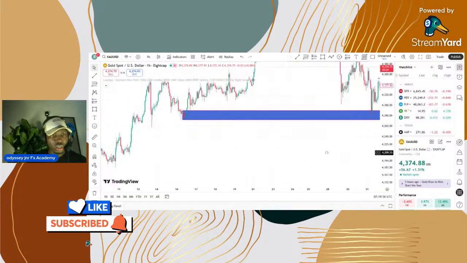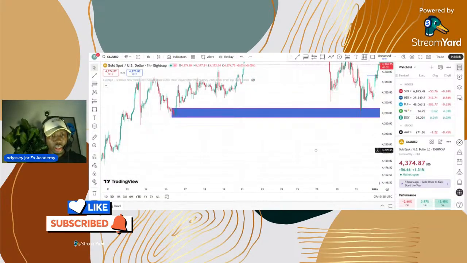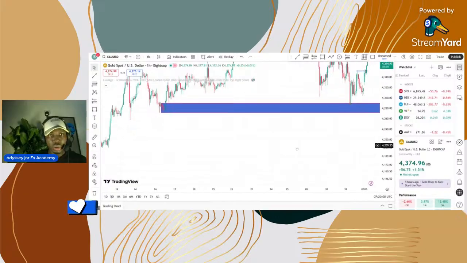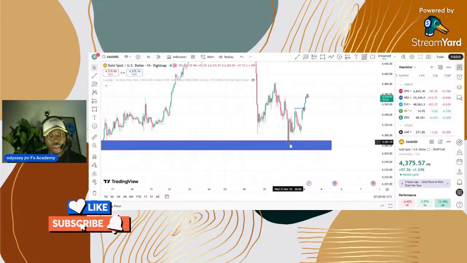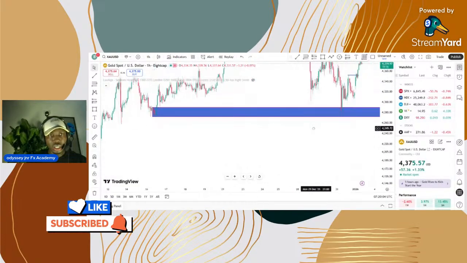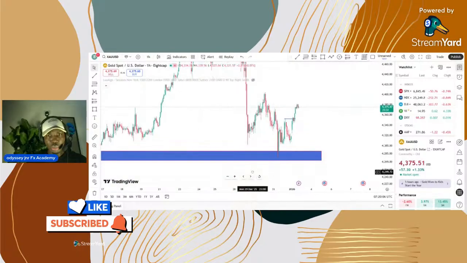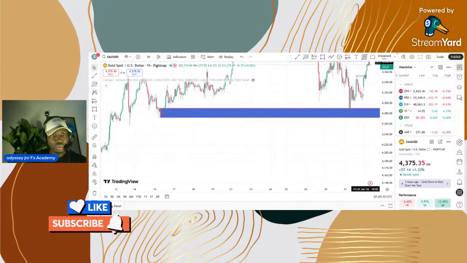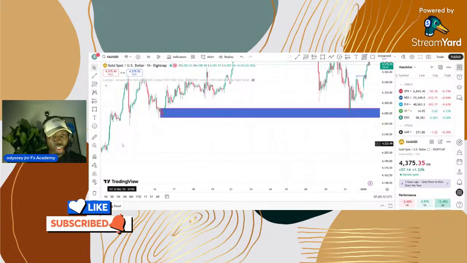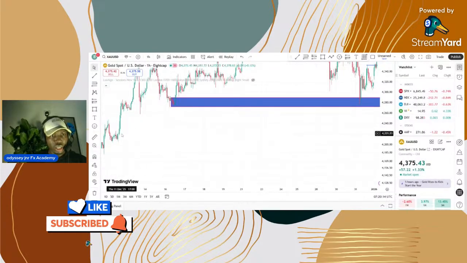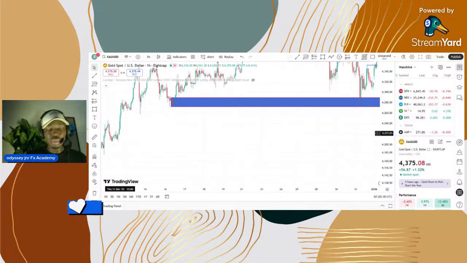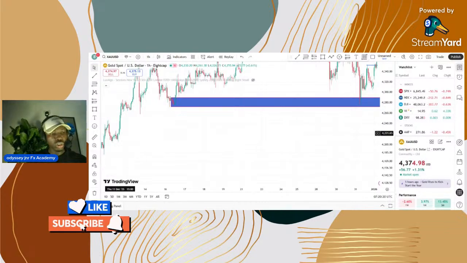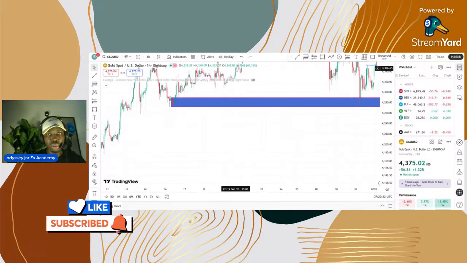So from what I can see here now, since this order block has been mitigated and the way the market is doing here, I can see that the market will definitely come down to this second order block that we are seeing here.